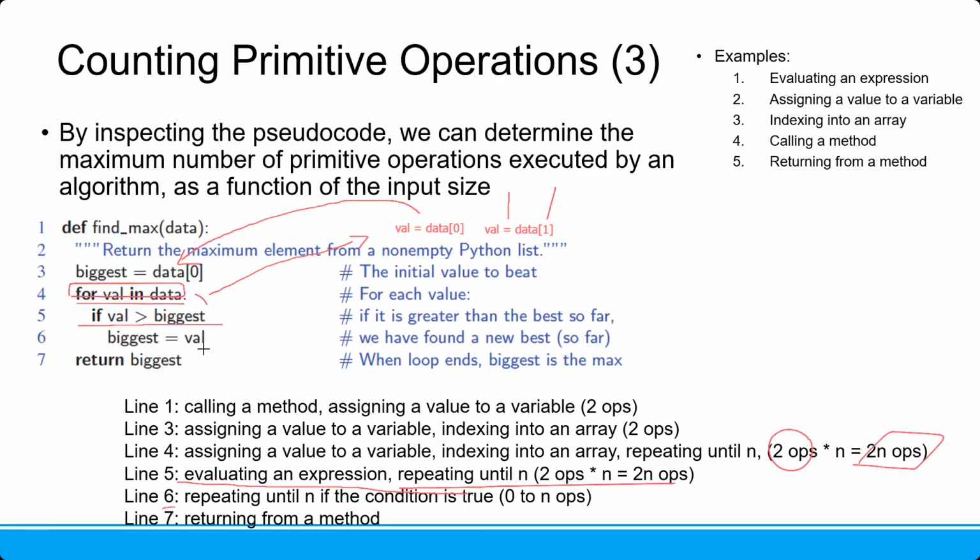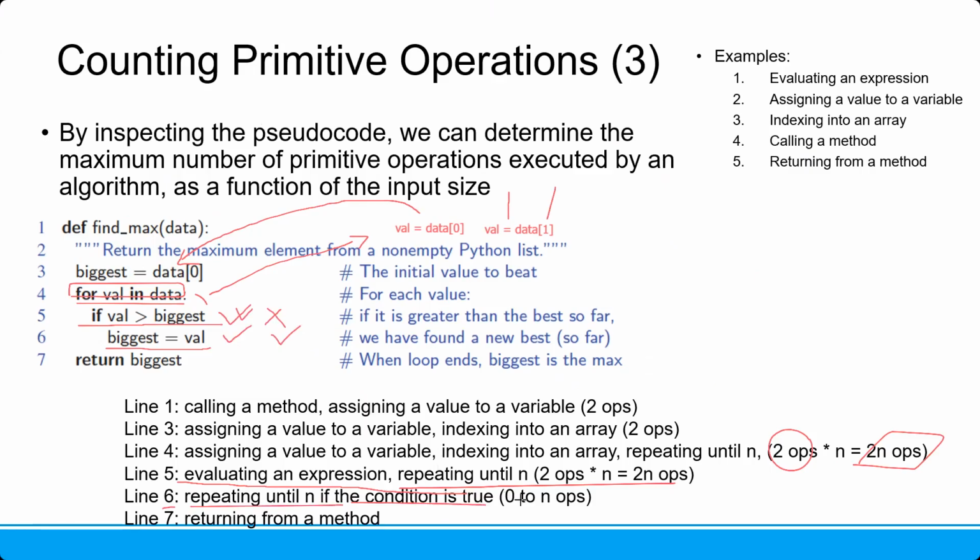Line 6, it will be repeated until n if the condition is true. Let's say if this one is true, then this will be executed. If this condition is not true, then this will not be executed.